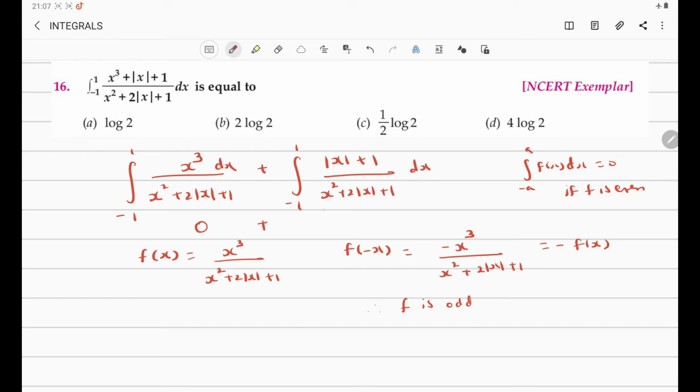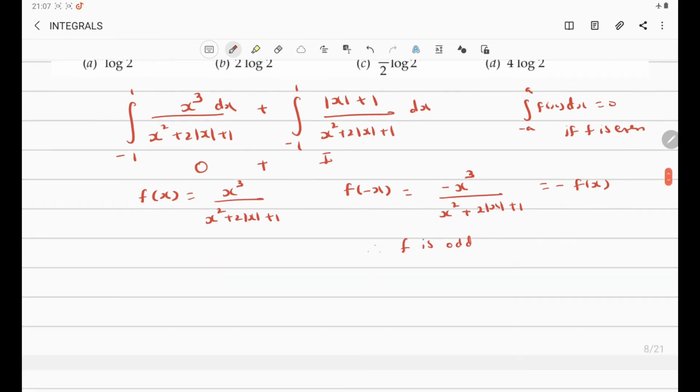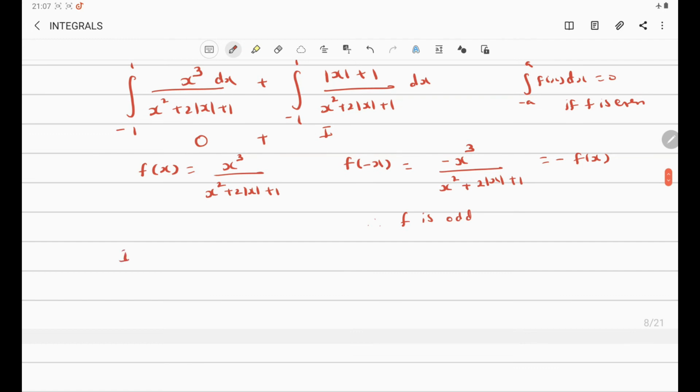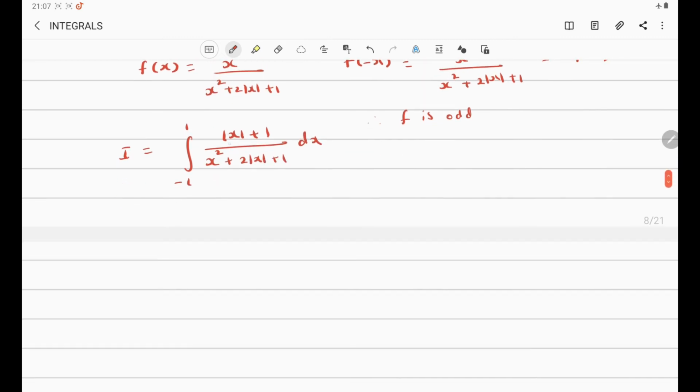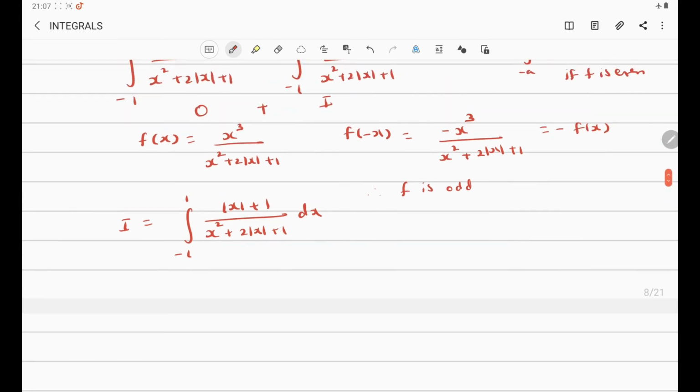Now, let us consider this function I. I is equal to integral minus 1 to 1 modulus of x plus 1 by x square plus 2 mod x plus 1 dx. We have to evaluate only this part of the integrand because the first part came out to be 0.